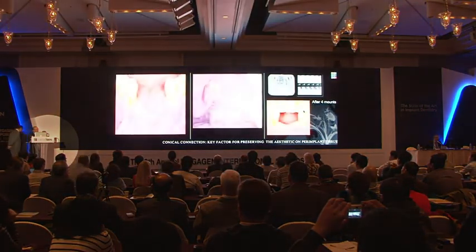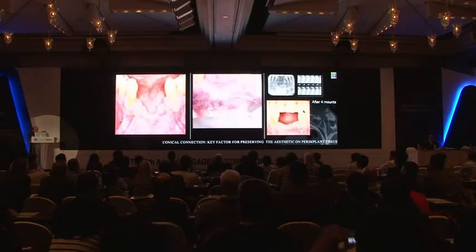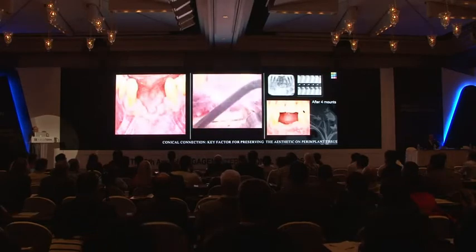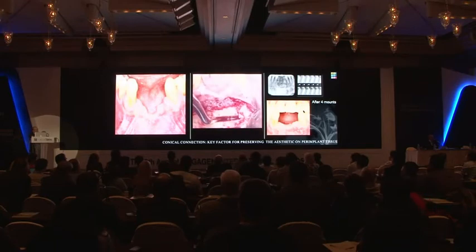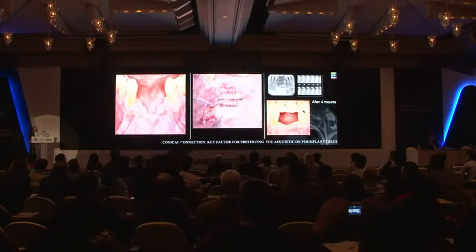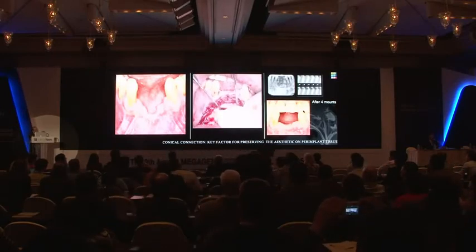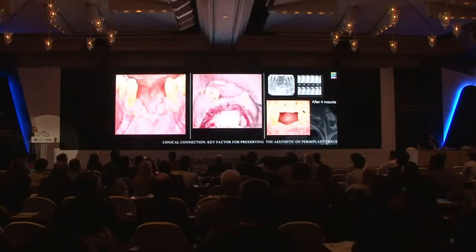Like in this case, we can see a severe atrophic bone, vertical bone atrophy in the inferior incisor area, in which we decided to perform an inlay technique, and after preparing the crestal bone box, we raised it about 8 millimeters and we stabilized it by interposing a bovine bone block.